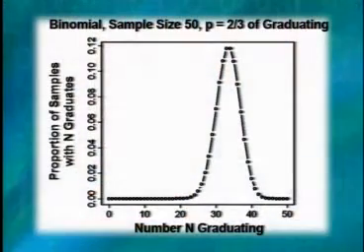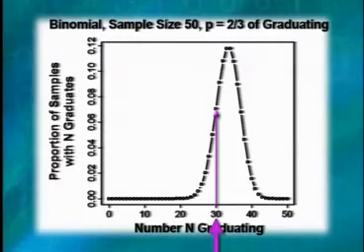Then we can make a histogram that records that information, which gives us, for every number between 0 and 50, how many groups of 50 have that many graduates in it. For example, if we looked at 30, we'd ask ourselves, how many of these groups of 50 have exactly 30 graduates? The numbers are absolutely enormous.